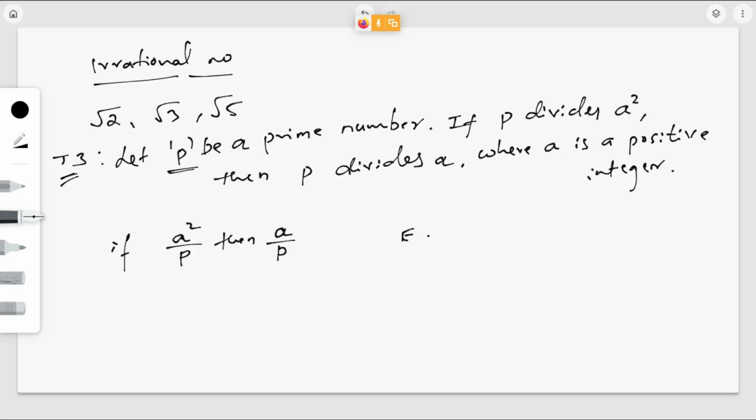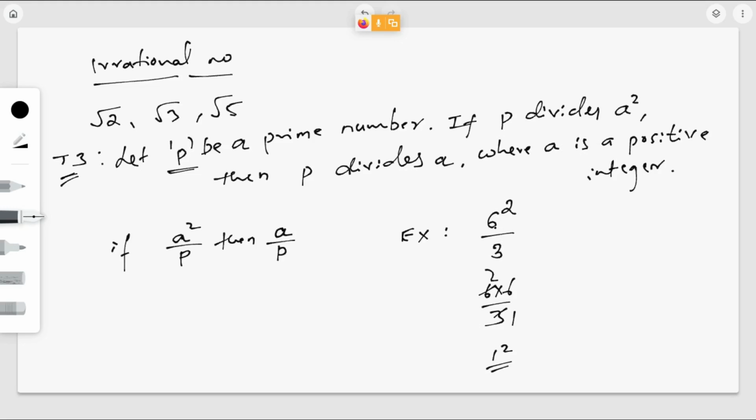You can take an example. For example, let me take 6 square and then 3. 3 is a prime number, yes or no? So what is 6 square? 6 into 6 divided by 3. 3 ones are, 3 twos are, so we will get 12 here. So this 3 divides 6 square completely.